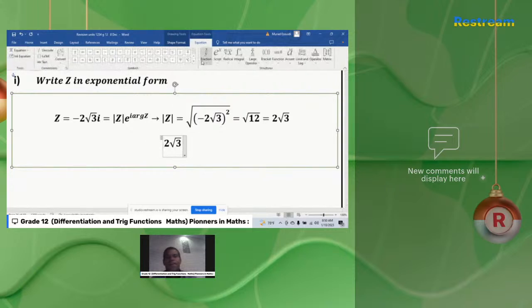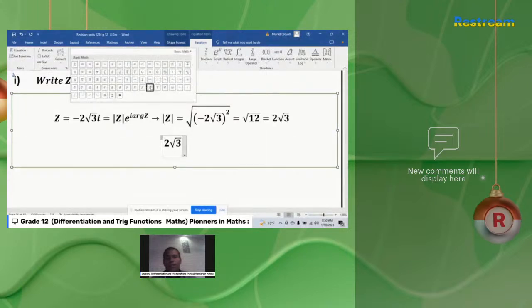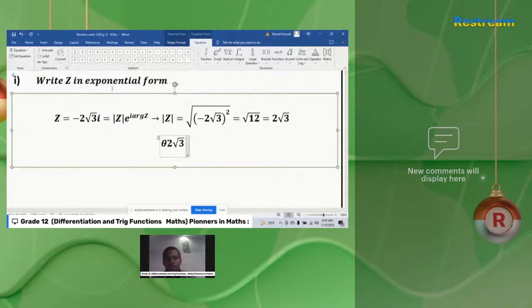Theta is equal to tan inverse of this ratio, minus 1 of 2 root of 3. So we use the calculator.